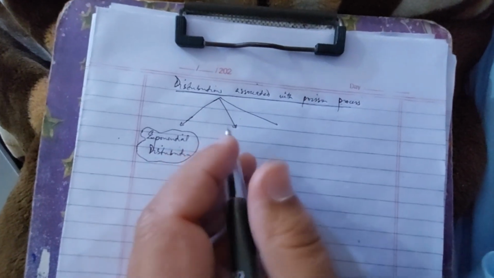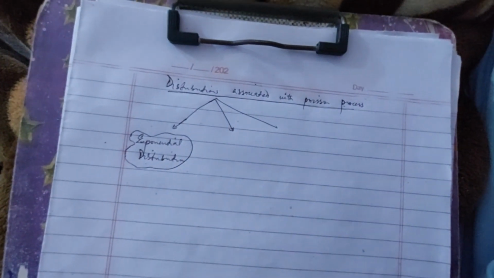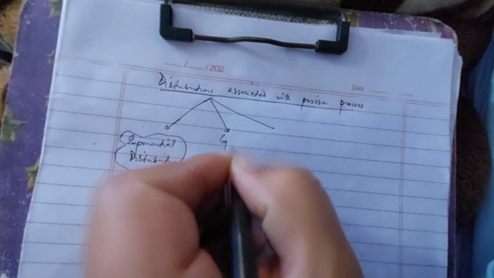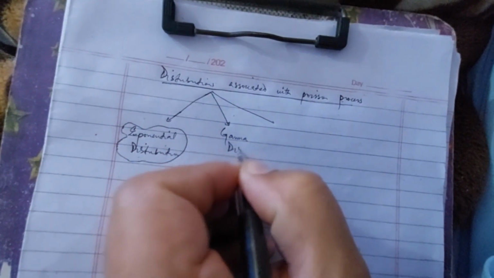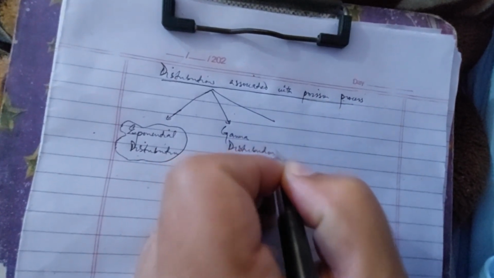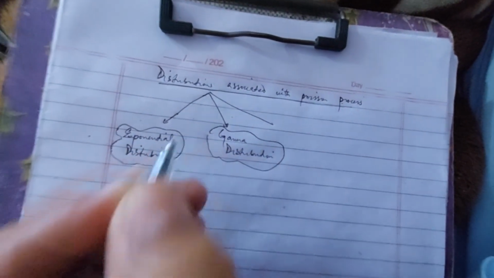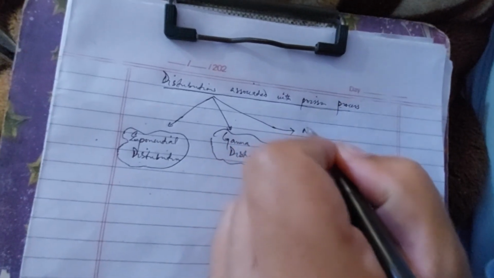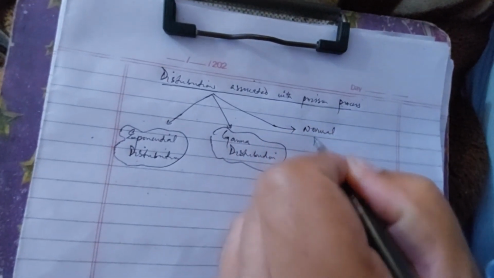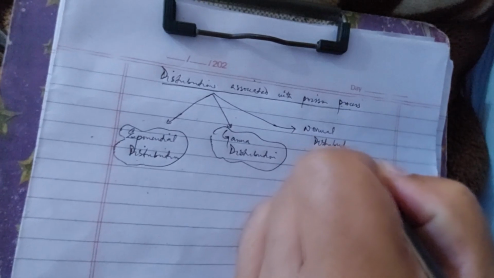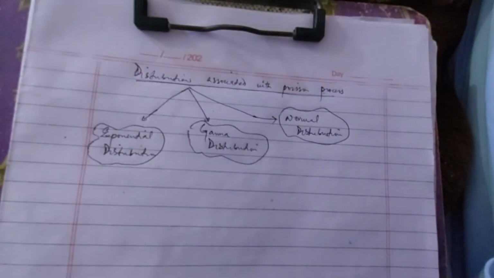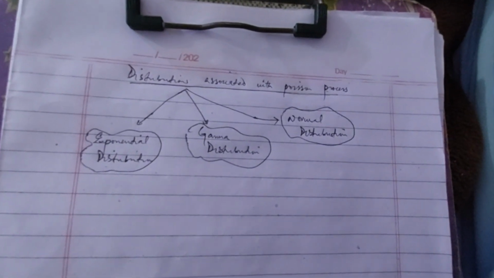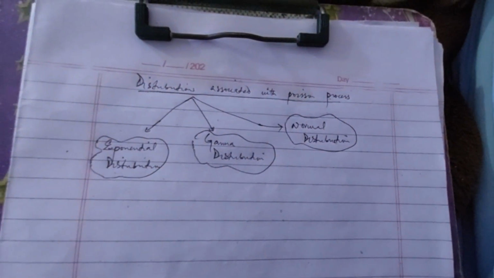The second one is the gamma distribution, and the third one is the normal distribution. So these three are the main distributions that are associated with the Poisson process.